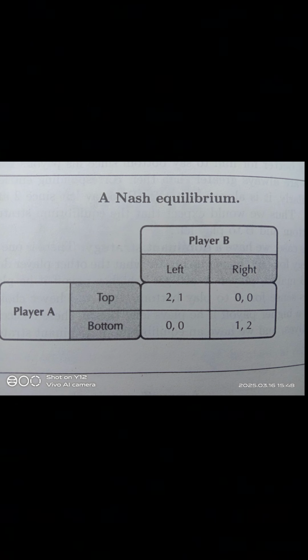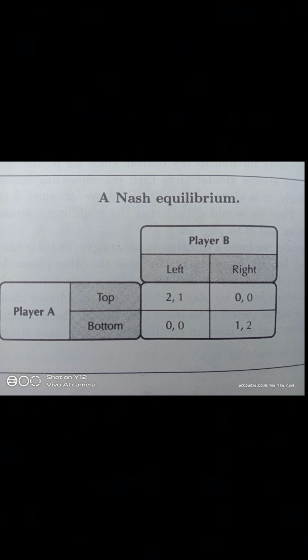For example, look at the table. If player A plays bottom, player B will choose whether to play left or right. Since player B knows that player A is playing bottom, the best strategy for B is to play right, because in right he has payoff 2, which is more than 0 in left.